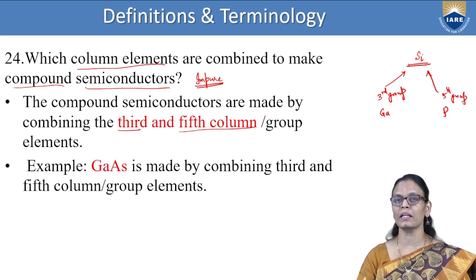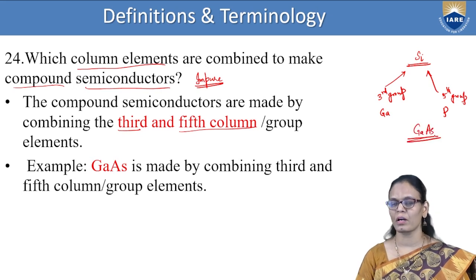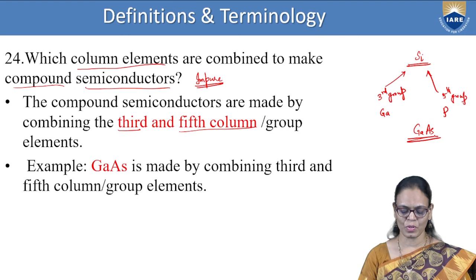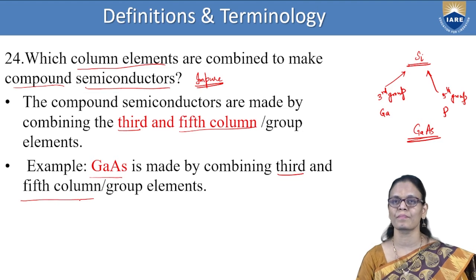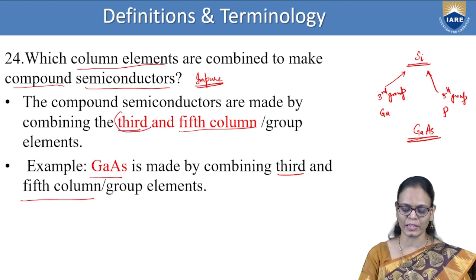When I add gallium, we may get gallium arsenide, a compound. So gallium arsenide is made by combining the third and the fifth group elements. So we use either third group or fifth group elements for doping.